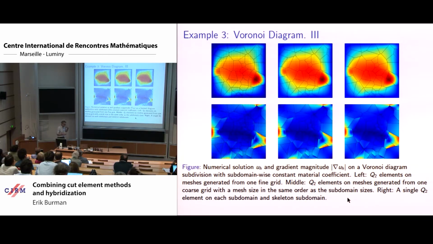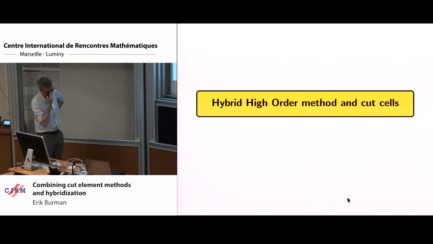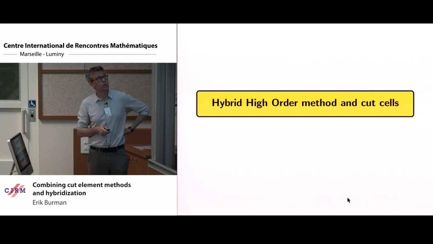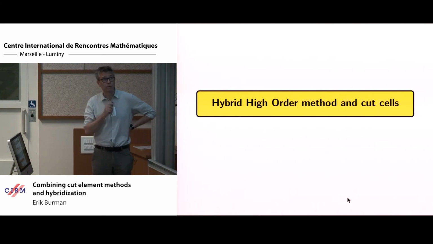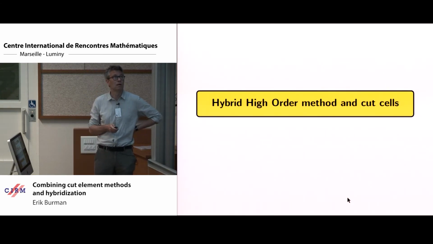So in that case, you might not want to use this simple Nitsche type method, but use something that uses reconstruction to be able to get superconvergence at least away from the interface, or use lower order approximation on the skeleton, but still get optimal convergence. So this is now the last part of this talk, which is hybrid high order method and cut cells.